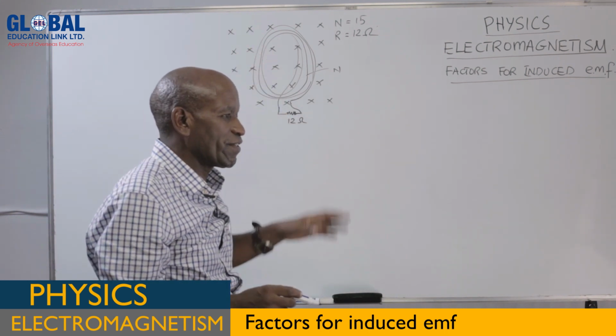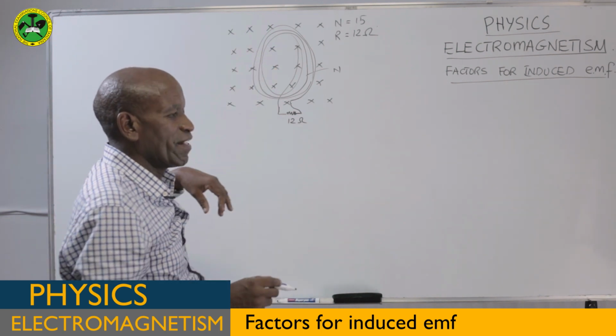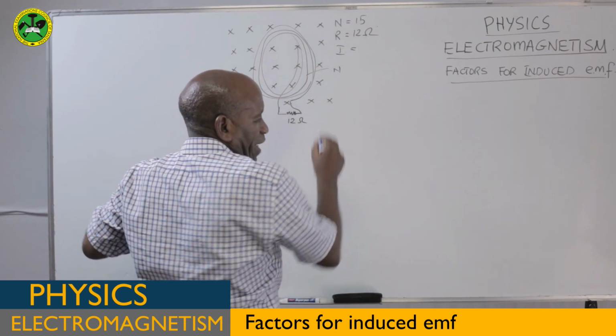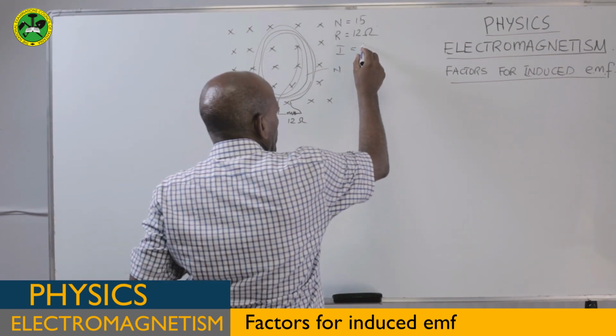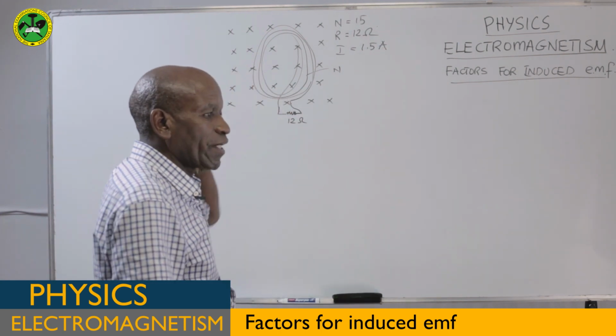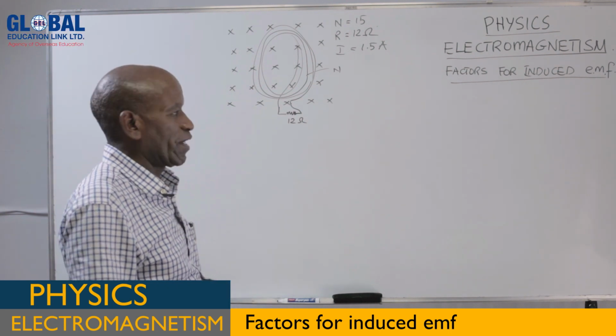That is the situation. Now, whenever such a variation is done, the induced current I is equal to 1.5 ampere. So we need to calculate the rate of change of the magnetic flux.